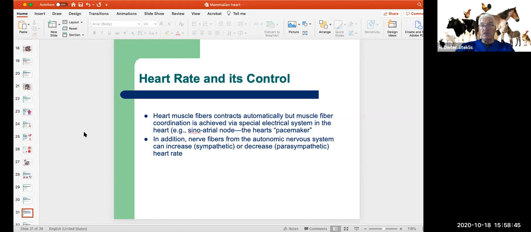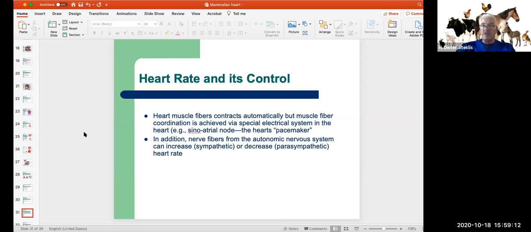But you also know that the autonomic nervous system, fibers coming into the heart through the parasympathetic and sympathetic components of the autonomic nervous system, can influence the rate at which the heart beats. So we know that when you get very excited or angry, for example, or fearful about something, that excites the sympathetic nervous system, the arousal system.